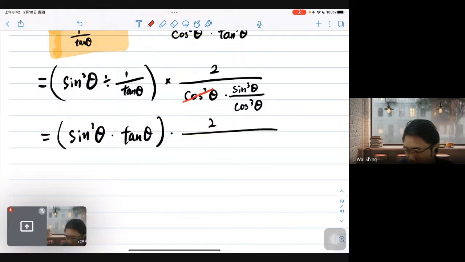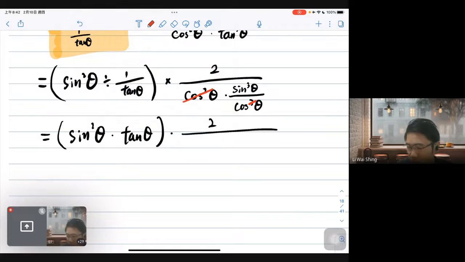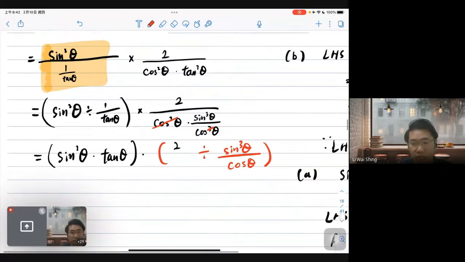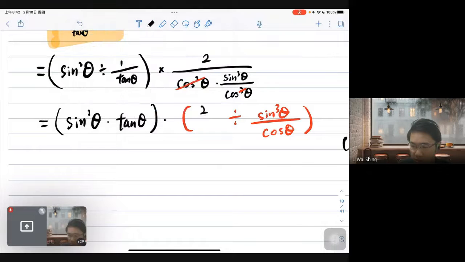Here I got 2 cosine square theta. Here I got 3, so I cancel it out. 1 left there. So in the right-hand side bracket, you will have this, divided 2 divided by sine cube theta over cosine theta. If there are 3 layers, simplify.